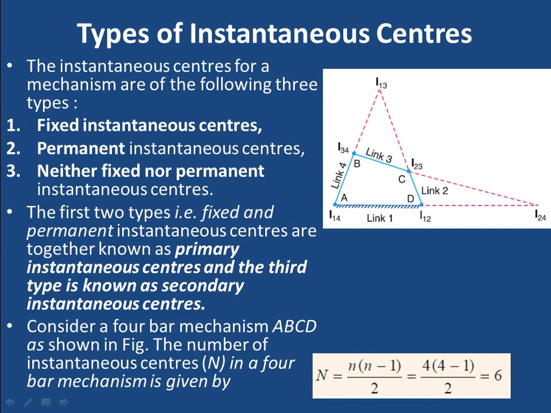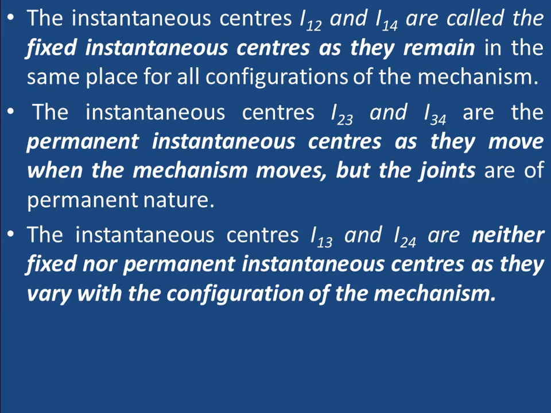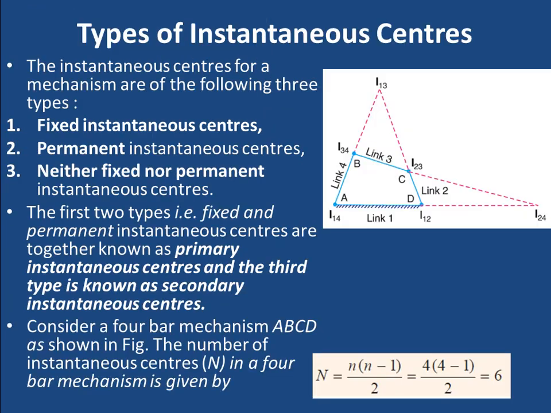Whenever you consider two links at a joint, you can get the I center for that. In this case, the combination of 1 and 4 gives I14, and 1 and 2, link 2, gives I12 at this point. So these two, I12 and I14, are fixed instantaneous centers.